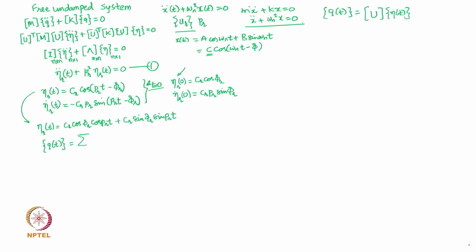But we also know that this can be written in the summation form when r changes from 1 to the n degrees of freedom, and what we have is each mode or each eigenvector multiplied by the rth harmonic time function.